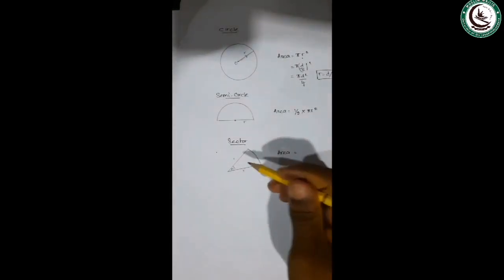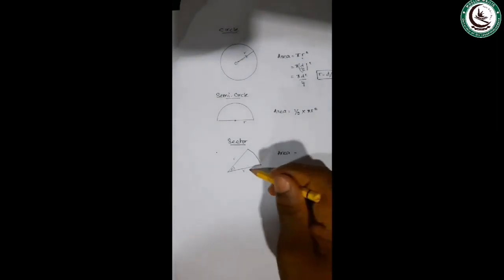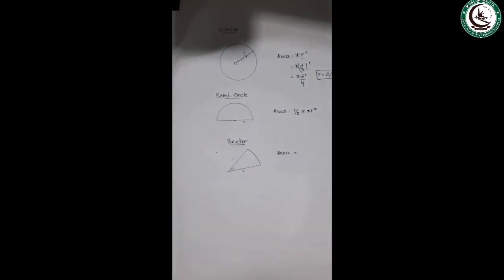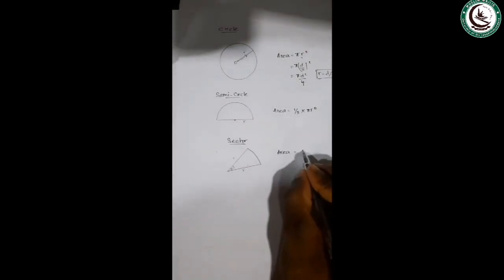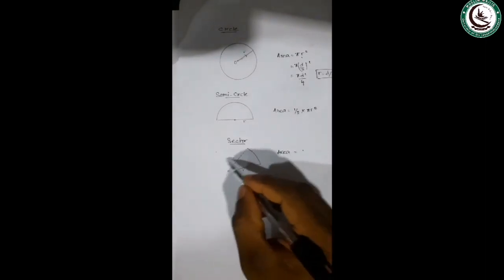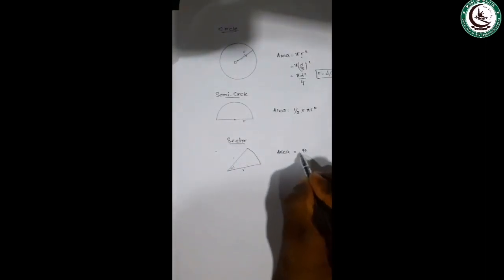This could be quarter, 1/8, 1/12, anything. This is a part of circle. So we can write this as the whole circle would be 360 degree. Among that it is theta. So theta over 360 into the equation of circle, that is pi r squared.